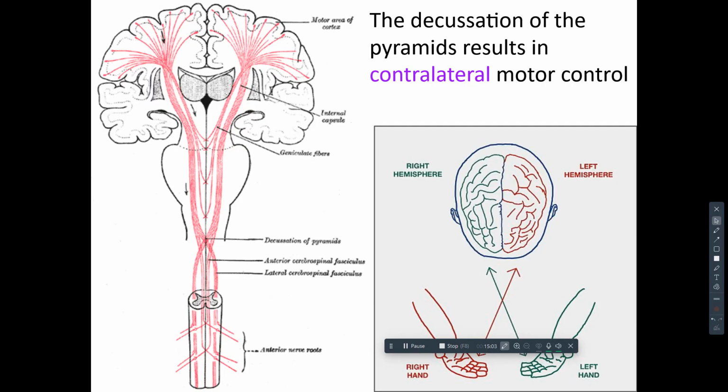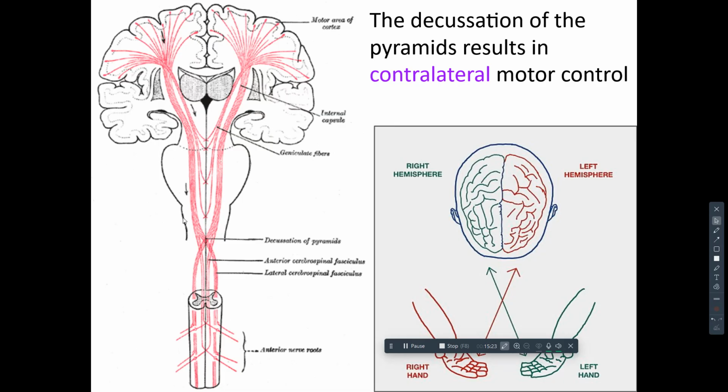So here I see again my primary motor cortex and my precentral gyrus. This is where I would have pyramidal neurons that initiate my voluntary movements. The red lines represent their axons. These are upper motor neurons. They're coming down into the brainstem.